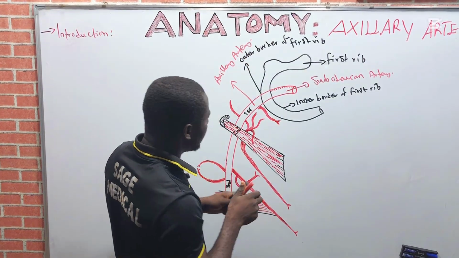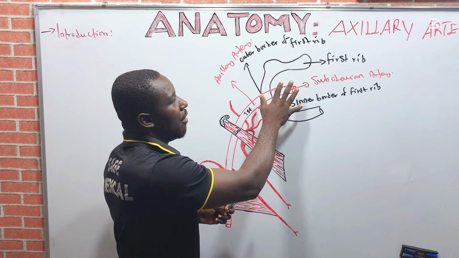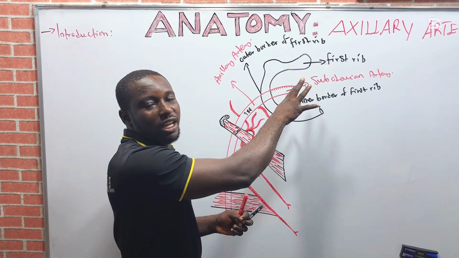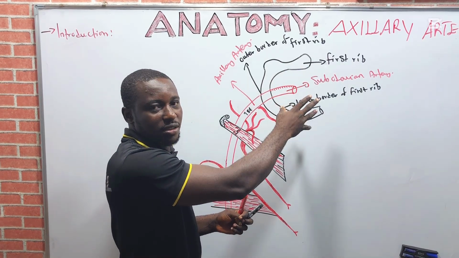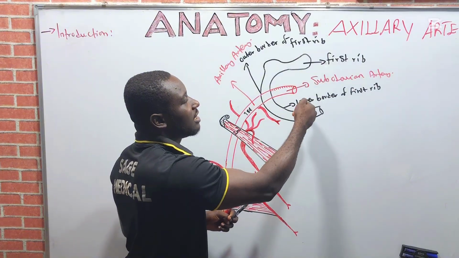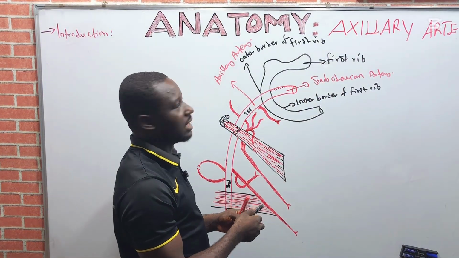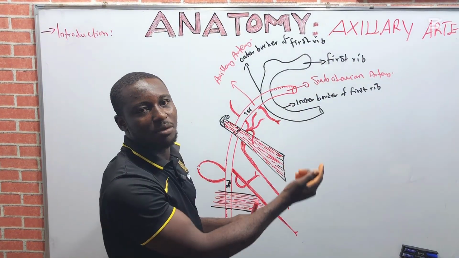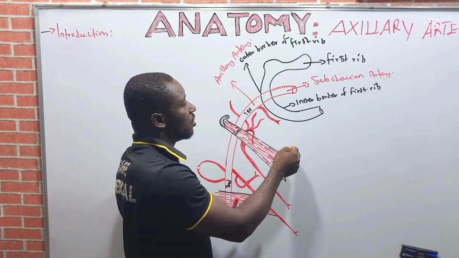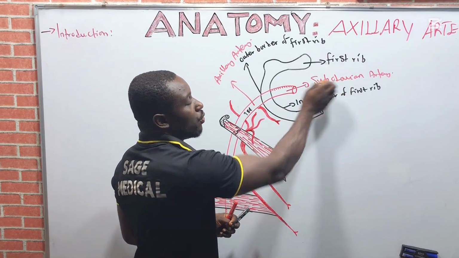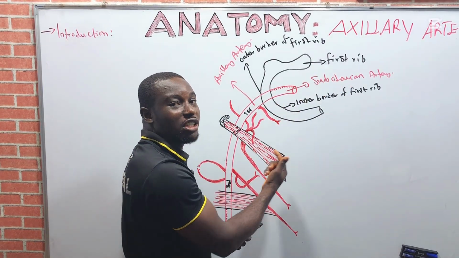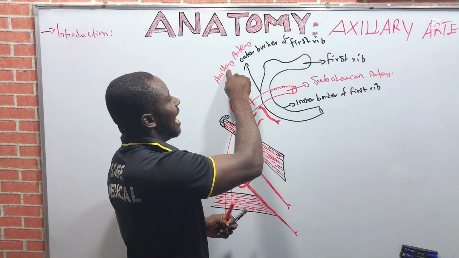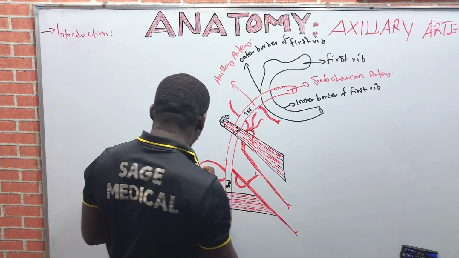Right? So that is how they are fashioned at the level of the ribs, right? Because the inner border of the first rib remains the subclavian artery, while the outer border is the landmark because it indicates the termination of the subclavian artery and also indicates the origin of the axillary artery.